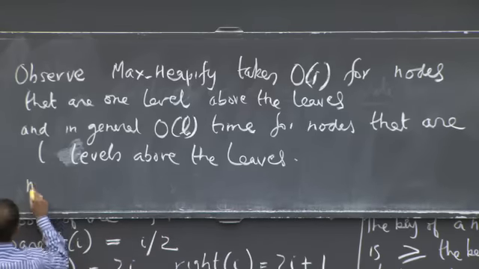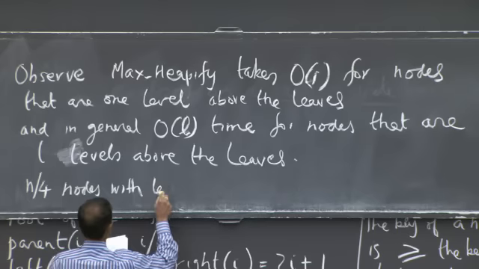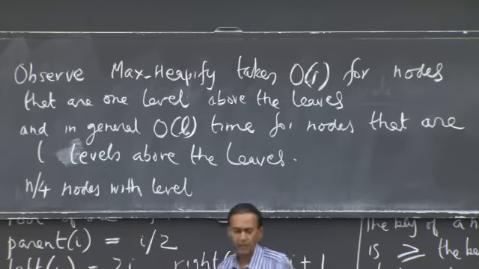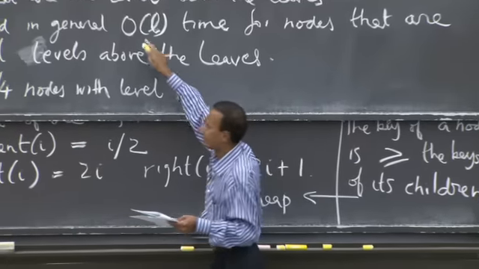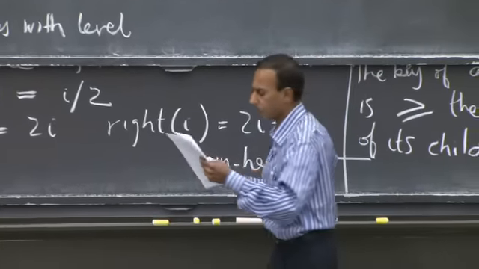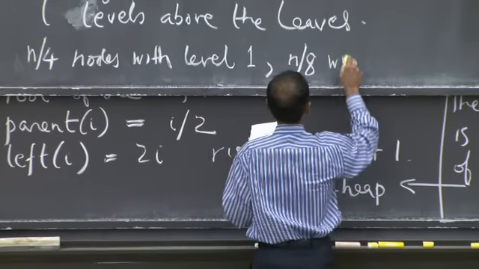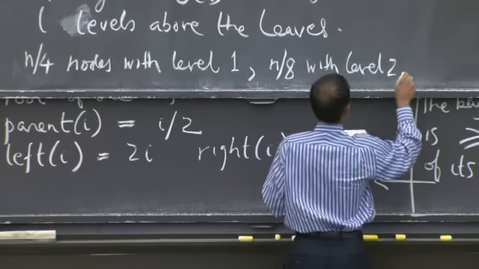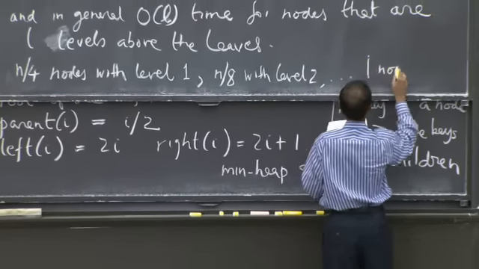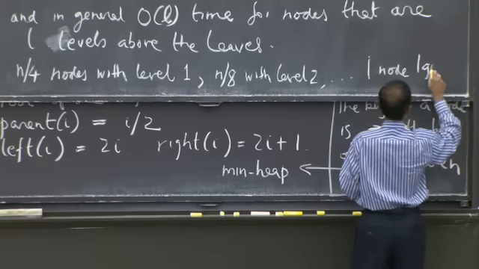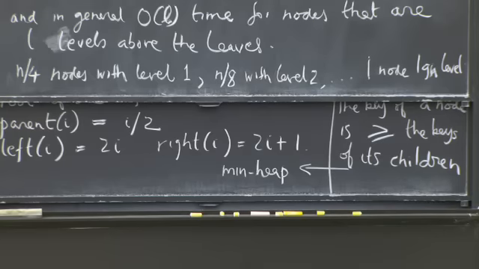Observation number 2 is that we have n over 4 nodes, give or take 1, depending on the value of n. I don't want to get hung up on floors and ceilings. And in any case, we're eventually going to get an asymptotic result, so we don't have to worry about that. But we have n over 4 nodes at level 1, n over 8 at level 2, and so on, and 1 node at the log n level, which is the root node.